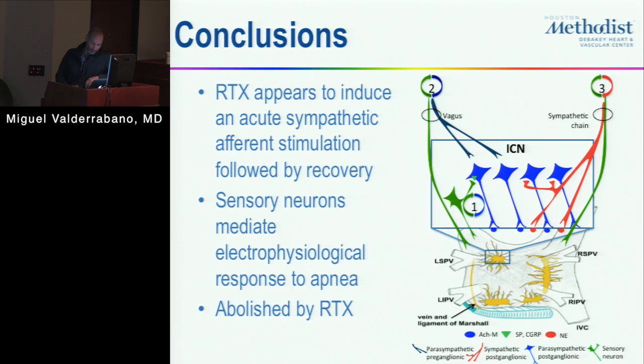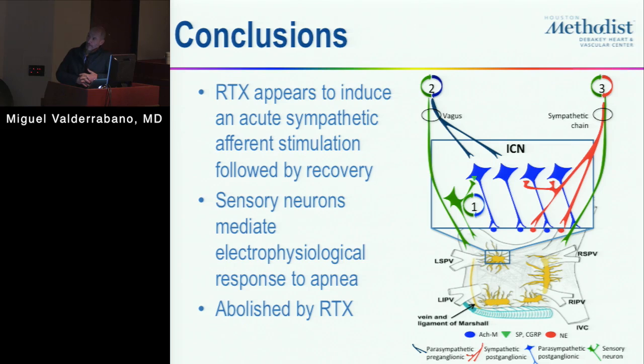So to conclude, we basically say that the RTX appears to induce an acute sympathetic afferent stimulation followed by recovery. That's based on the increasing blood pressure that we get when we inject this drug, and that goes away.